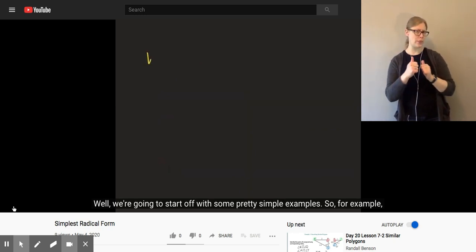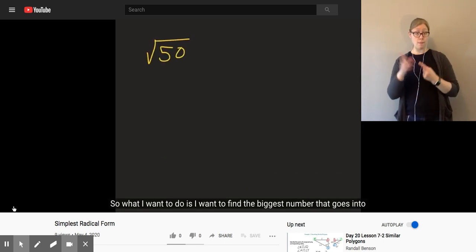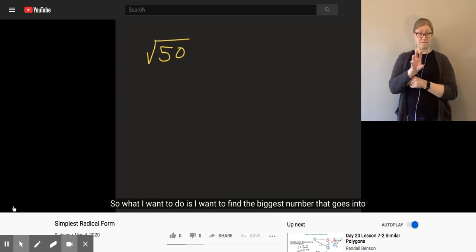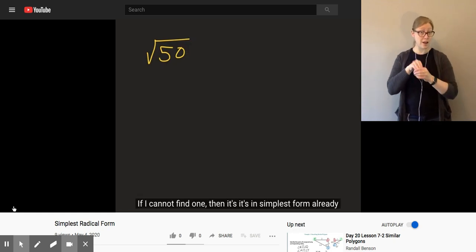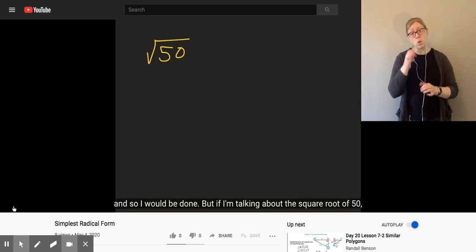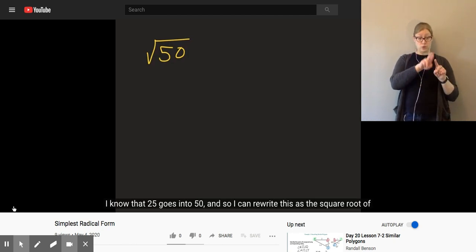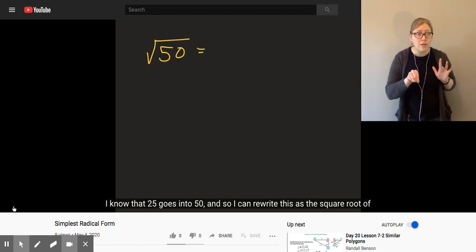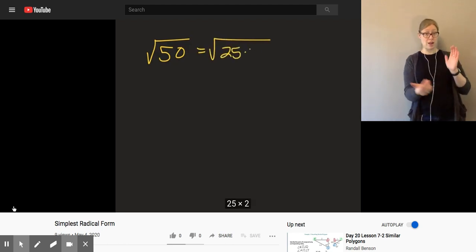So for example, I was talking about the square root of 50. So what I want to do is find the biggest number that goes into 50 that's a perfect square. If I cannot find one, then it's in simplest form already, and so I would be done. But if I'm talking about the square root of 50, I know that 25 goes into 50. And so I can rewrite this as the square root of 25 times 2.